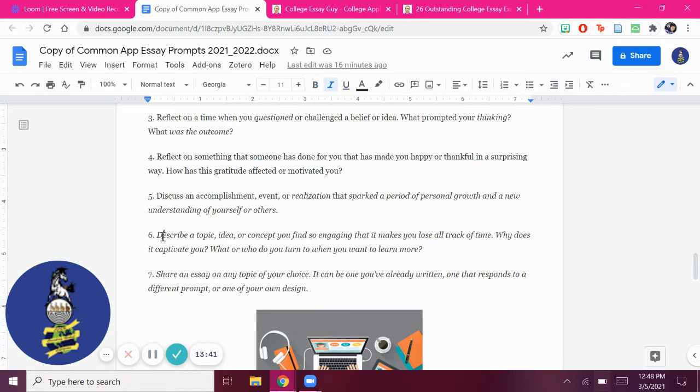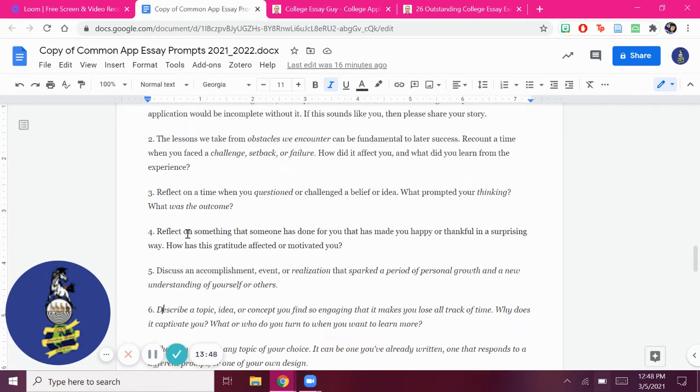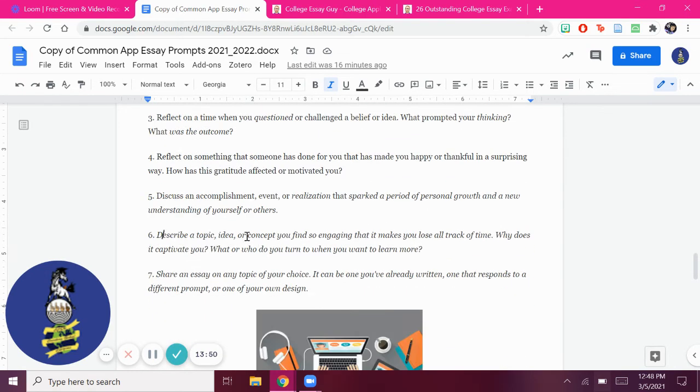So here it doesn't necessarily have to be intellectual curiosity. This could be really an interest or a talent that you decided to explore, that you love, that you enjoy, and that captivates you. And they're looking to see more about your interests and who you are.